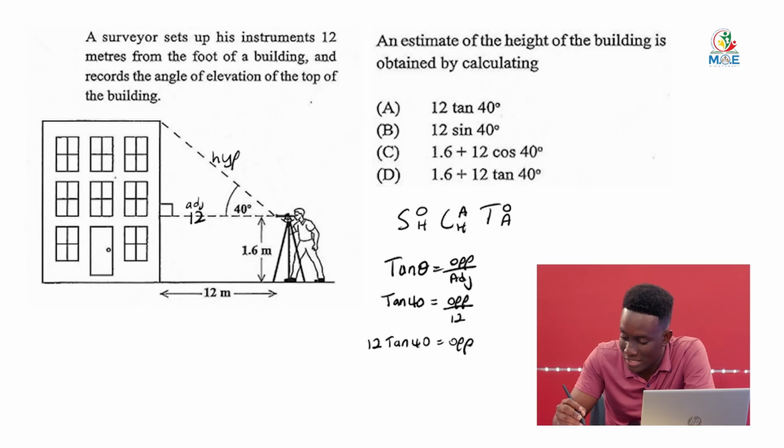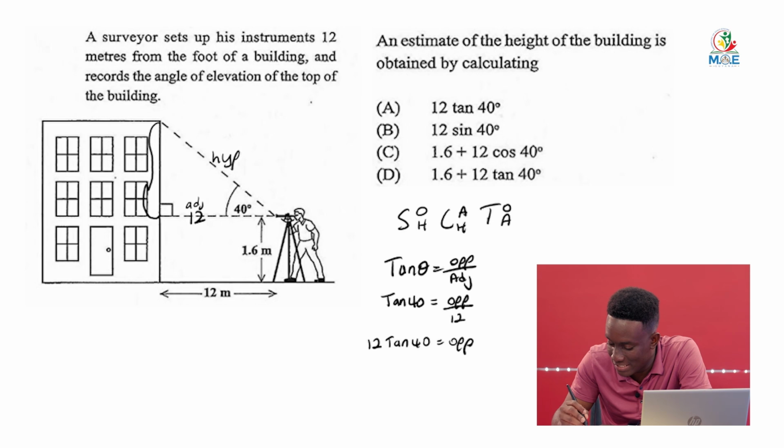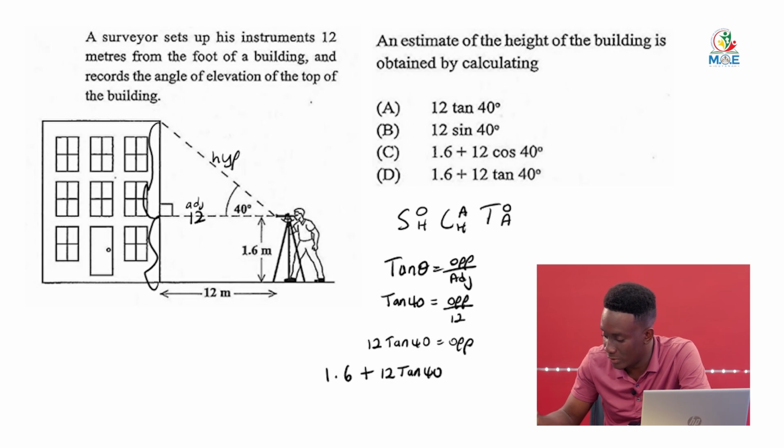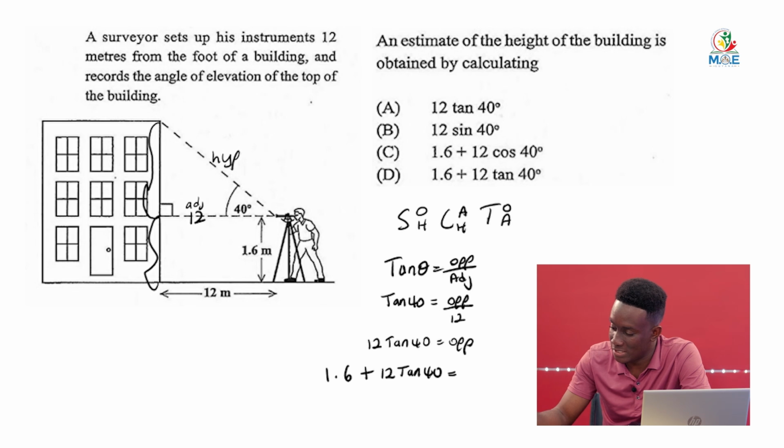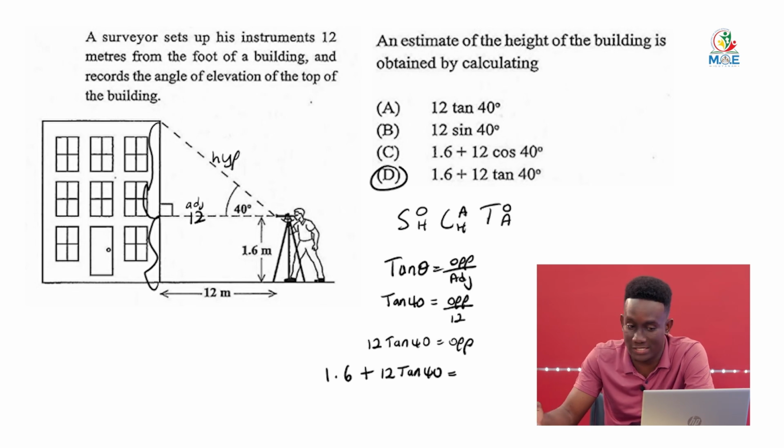That will just cater for this piece here. Now we need to add this to 1.6. So 1.6 plus 12 tan 40 would give us an estimate of the height of the building. So let's see which one has that. We see D has that, so the answer there is D.